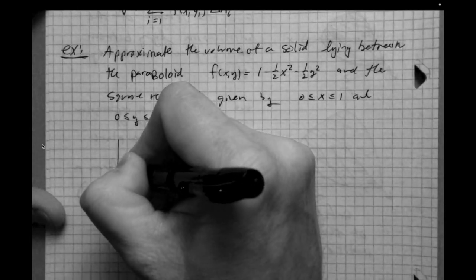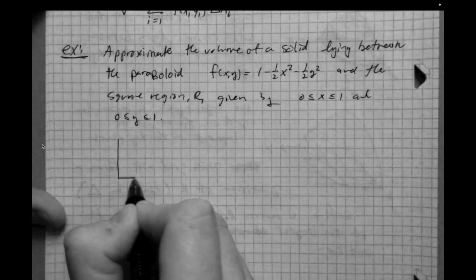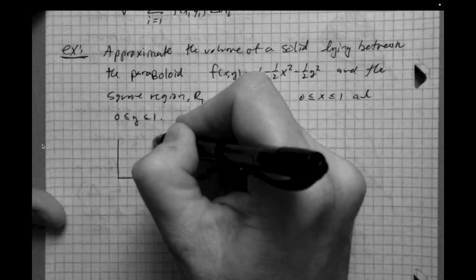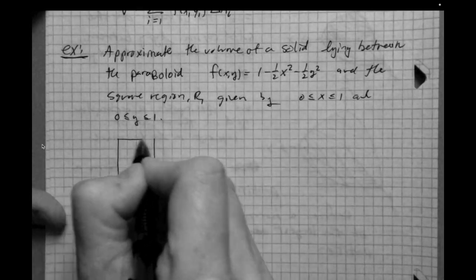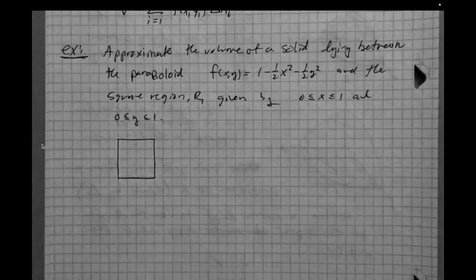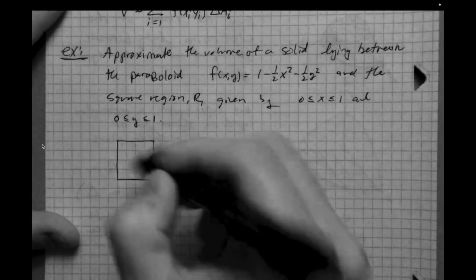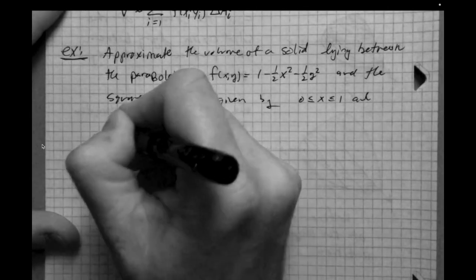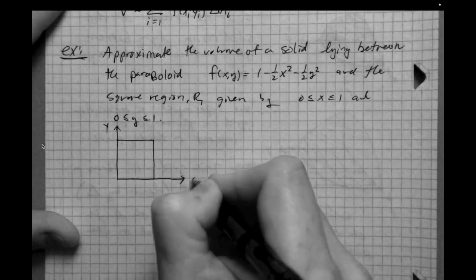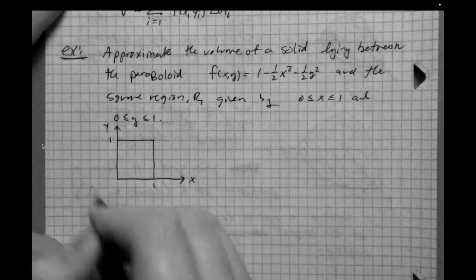Let's say we're going to use a partition made up of squares whose edges have a length of 1/4. So if this is our y-axis, this is our x-axis, then this is the region we're interested in. This will be 1 and 1.